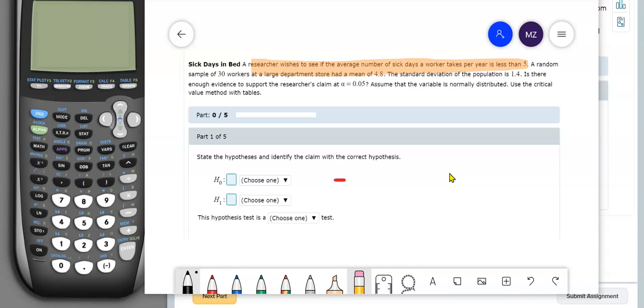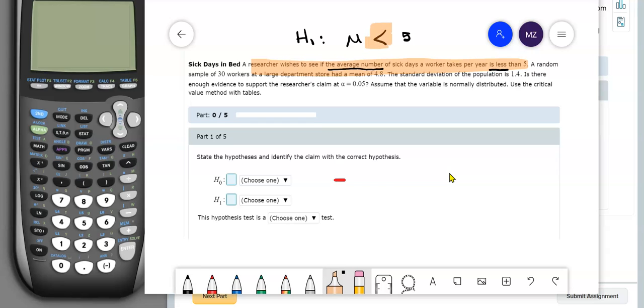Now if I have the claim here, it's saying that the average number, which is the x bar, or the mean, we're going to use the mean here, is less than 5. If I write it down this way, it can be only H1, because there is no equal sign. I don't see any equal sign in here.